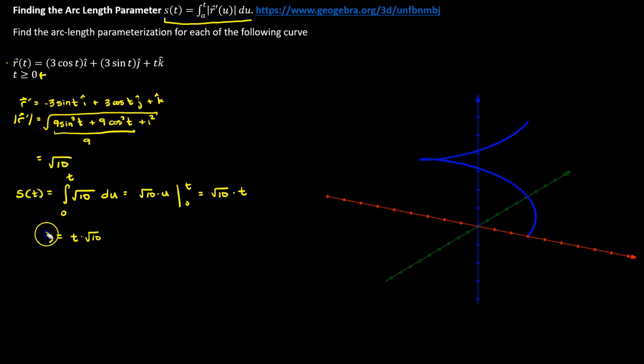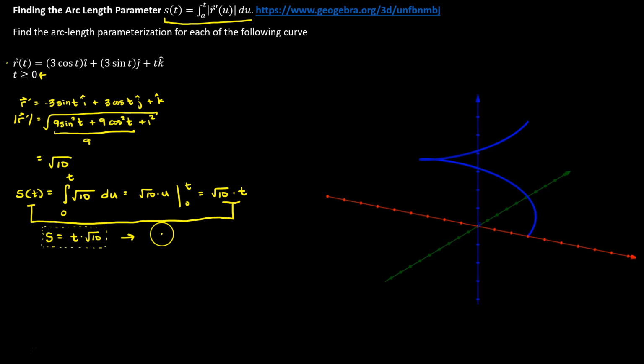And it might help to, instead of writing s of t, just write s, so that we can see the relationship between the variables s and t, or sorry, parameters s and t. And we want to invert this function so that it now looks like a t equals expression rather than s equals. And we can simply do that by dividing by root 10.